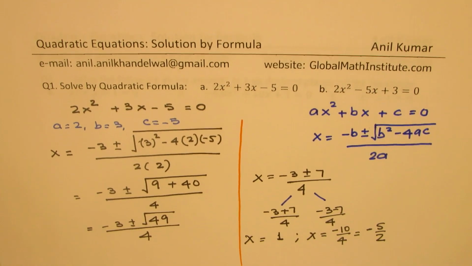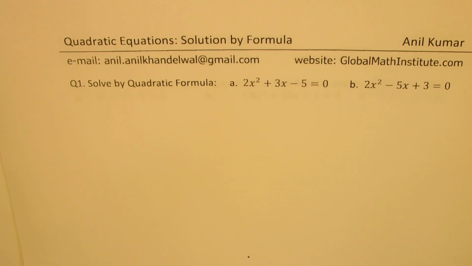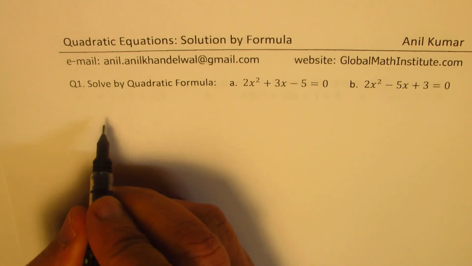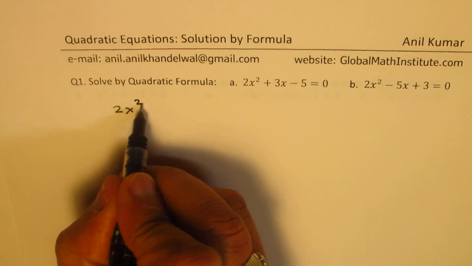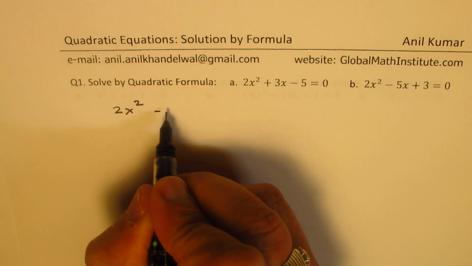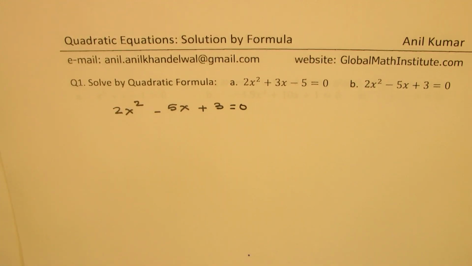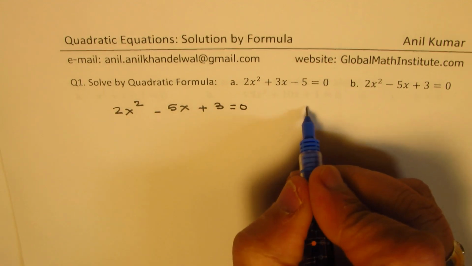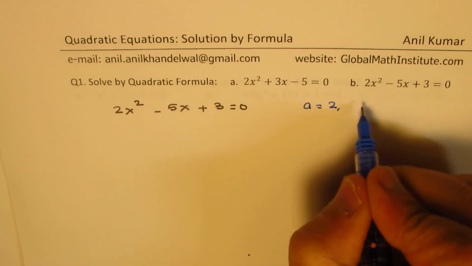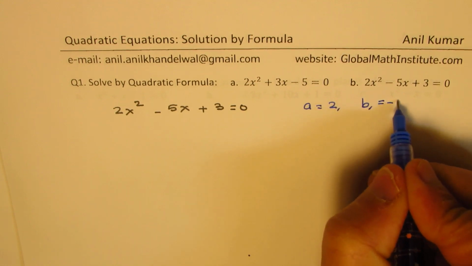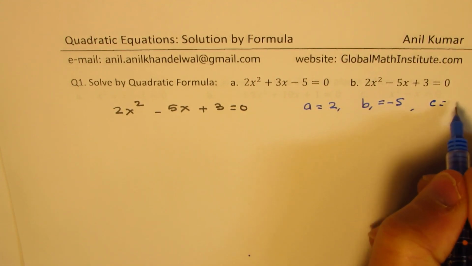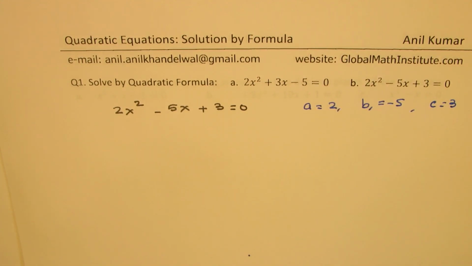Now let us take solution for part B, which is 2x squared minus 5x plus 3 equal to 0. Now in this case, a is 2, b is equal to minus 5, and c is equals to 3. Right?